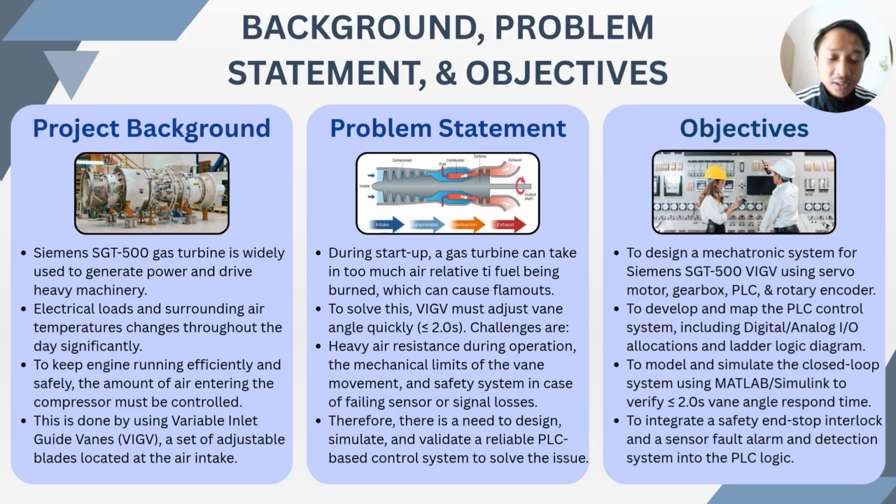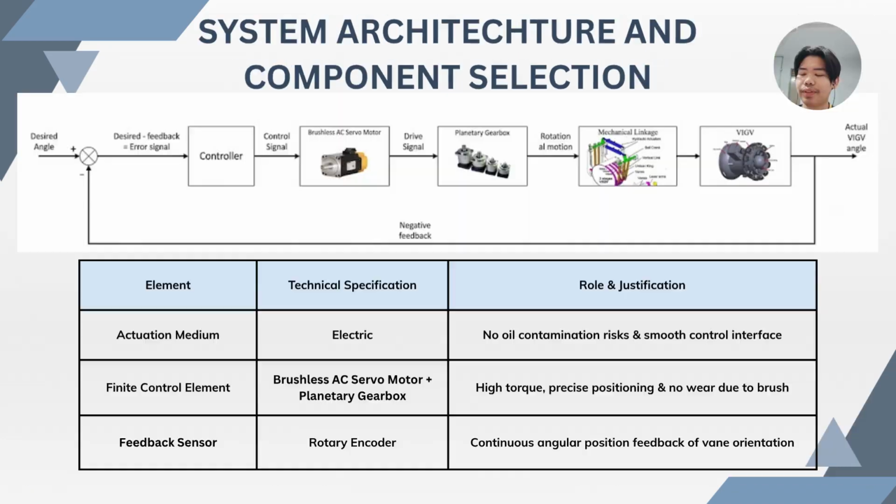The third one is to model and simulate the closed loop system using MATLAB Simulink to verify that the vane angle responds accurately within the required target time of under 2 seconds. And finally, the objective is to integrate a safety stop interrupt and a sensor fault alarm and detection system into the PLC logic. Thank you.